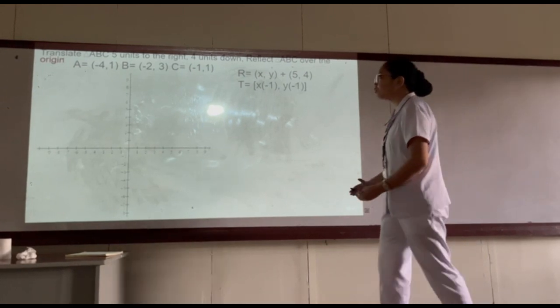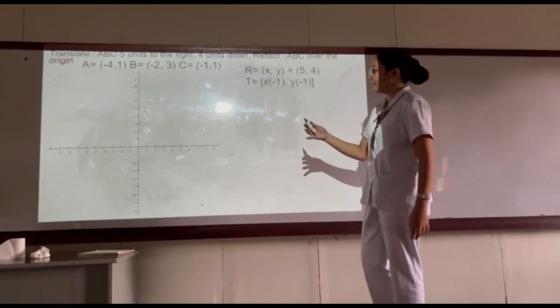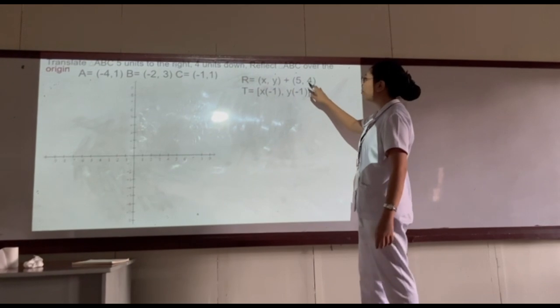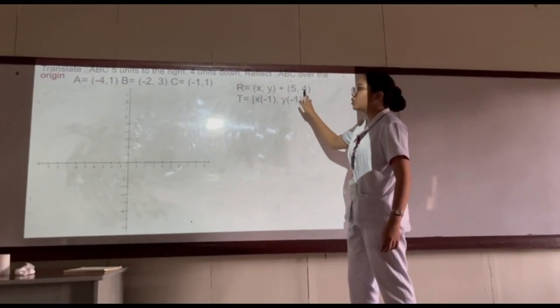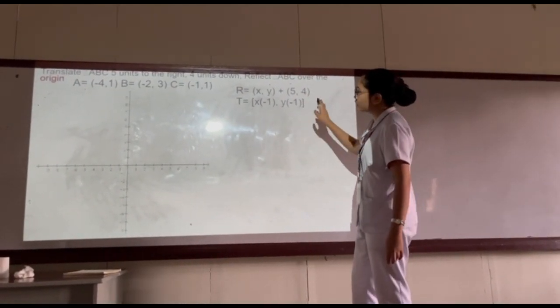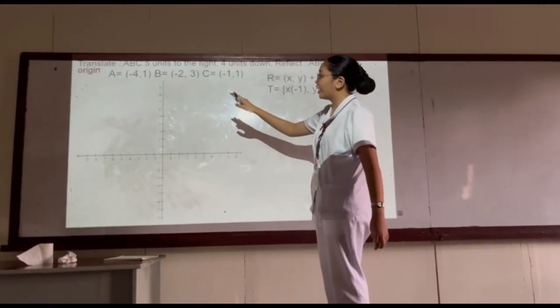So first, in order to do this, we're going to translate the object by using the same formula we did in translation. So basically, just add the units to the x and y values.